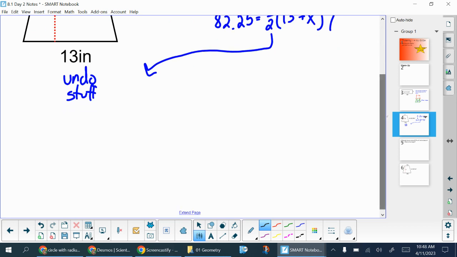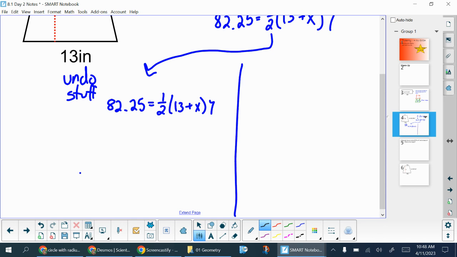So 82.25 equals 1/2 times 13 plus x times 7. So undoing stuff, I'm just going to say, well, what's the opposite of this? If I have 1/2 times this thing, well, the opposite of taking half of something is multiplying by 2. So I'm going to multiply both sides by 2 to cancel that out.